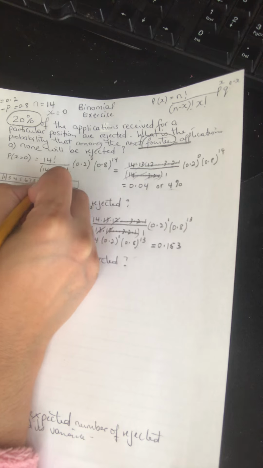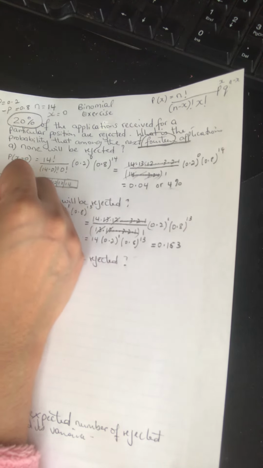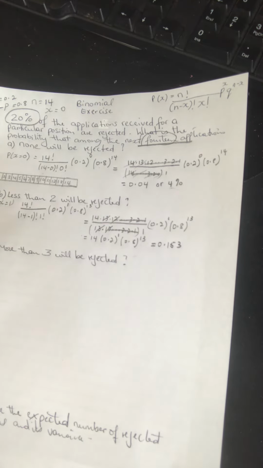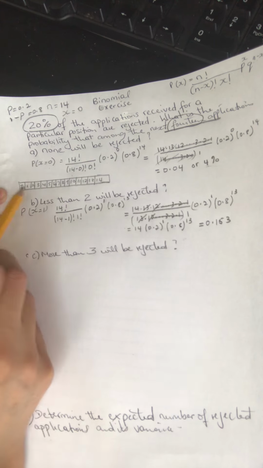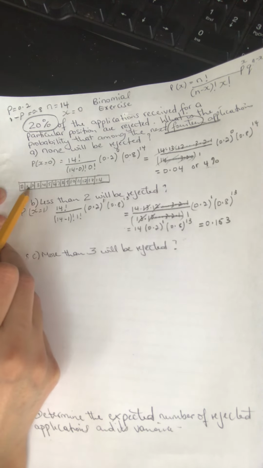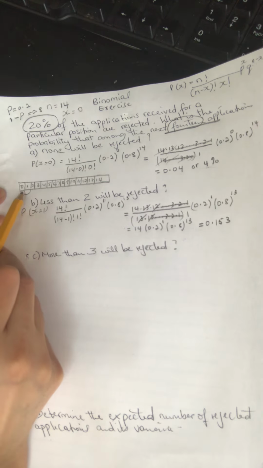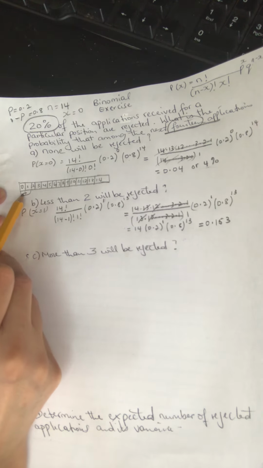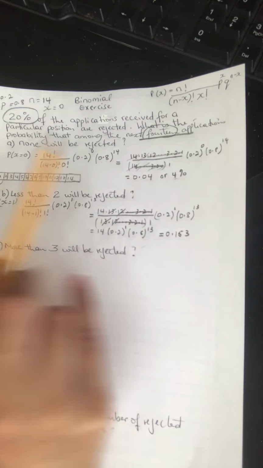And everyone has their own box or cell. So we're looking for anything that is less than 2. So less than 2 means these 2 cells. So we're going to add these 2 cells to tell us everything that is less than 2. So we already found for 0.